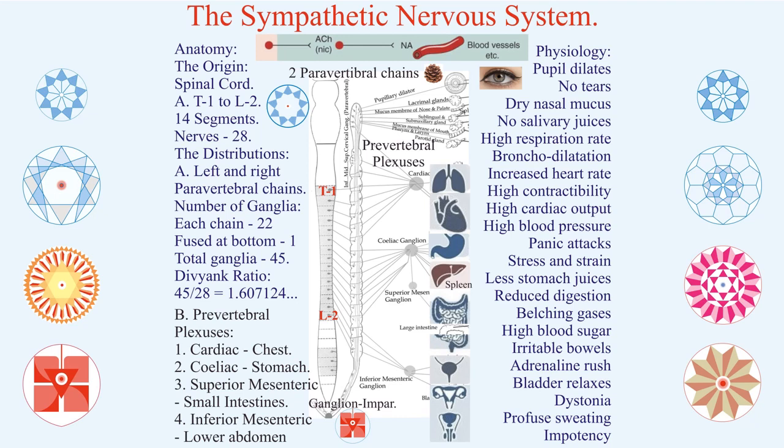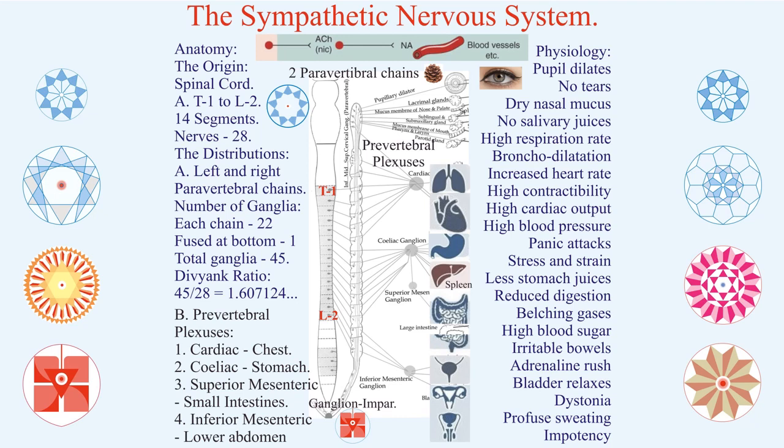Now, having got 14 segments, 28 nerves, 45 ganglia of paravertebral nature, the same fibers also come through these ganglions to form a prevertebral chain.